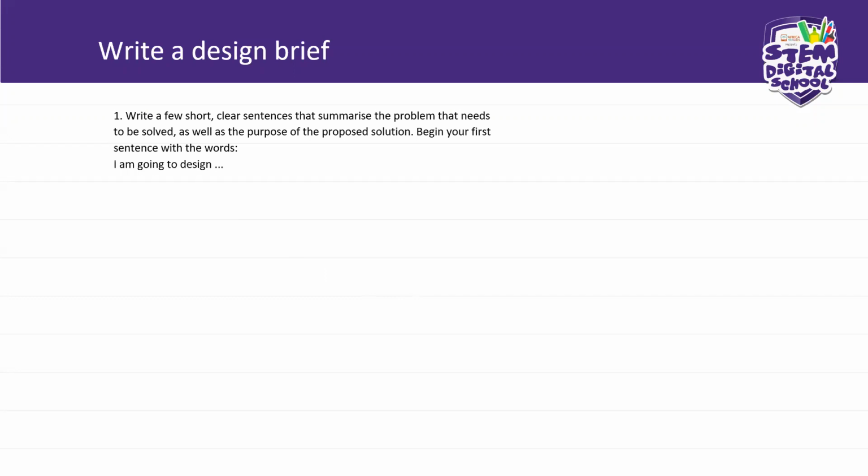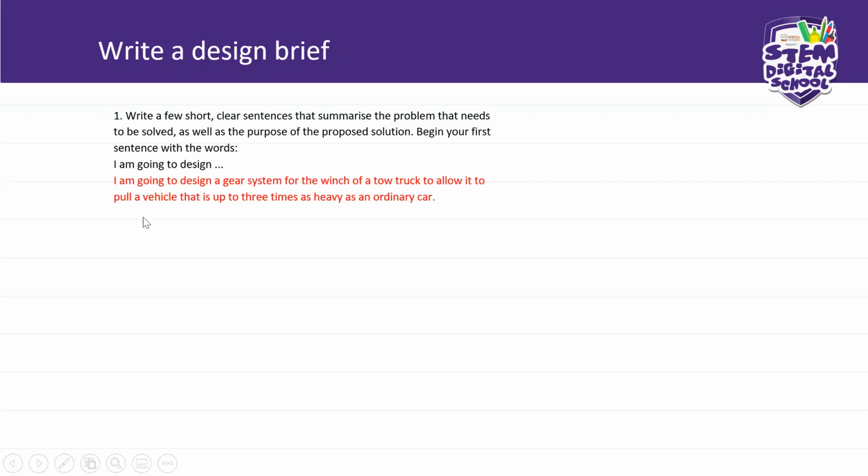Write a few short, clear sentences that summarize the problem that needs to be solved, as well as the purpose for the proposed solution. Begin your first sentence with the words, I'm going to design a gear system for the winch of a tow truck to allow it to pull a vehicle that is up to 3 times as heavy as an ordinary car.